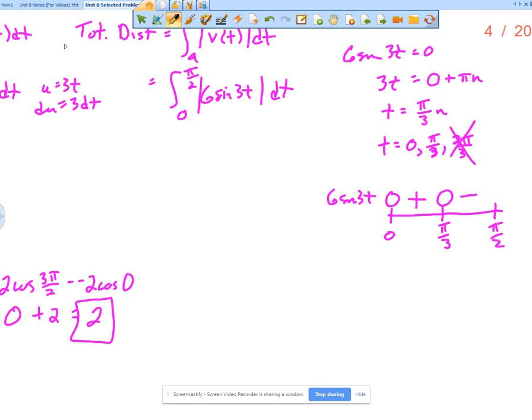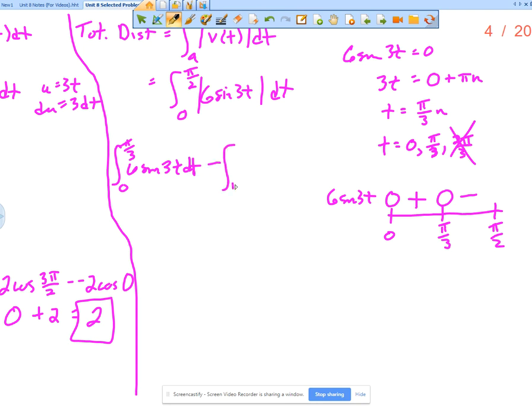That means for total distance, we are going to split this up. We integrate from 0 to pi over 3, where it's positive, the regular 6 sin(3t) dt, and then we subtract the integral from pi over 3 to pi over 2, because that is when the velocity is negative, of 6 sin(3t) dt.